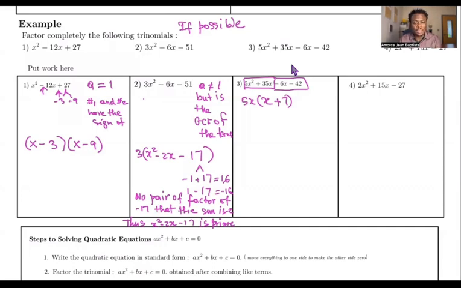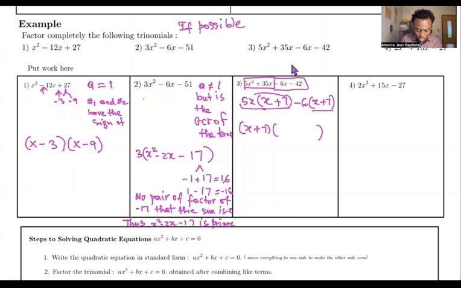Now let's find the GCF of the second group, negative 6x, negative 42. Negative 6 would be the GCF. Divide each term by negative 6. So that will be positive x plus 7. Now we can pull out the x plus 7 and then divide each group by x plus 7.